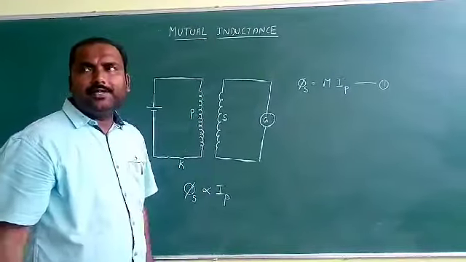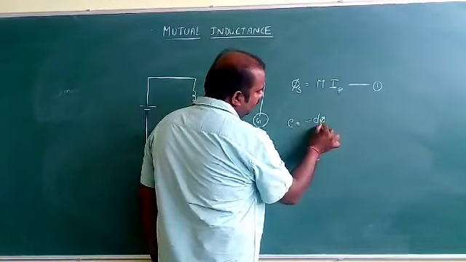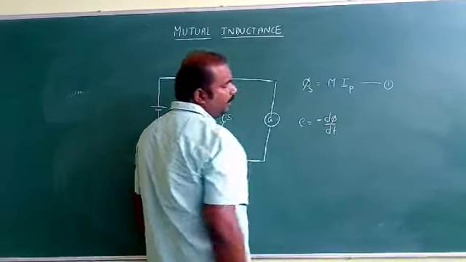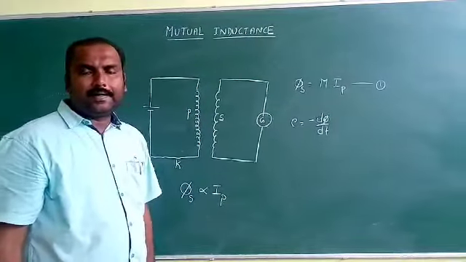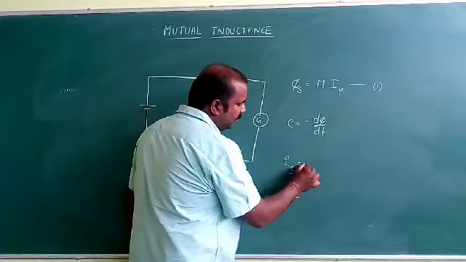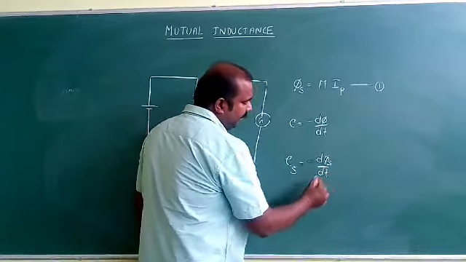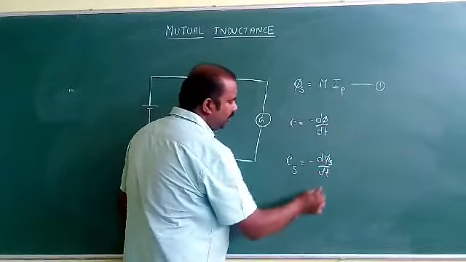What is the induced EMF formula? E = -dφ/dt, from Faraday's second law of electromagnetic induction. Similarly, induced EMF in the secondary coil is Es = -dφs/dt. In place of φs, you substitute the value.